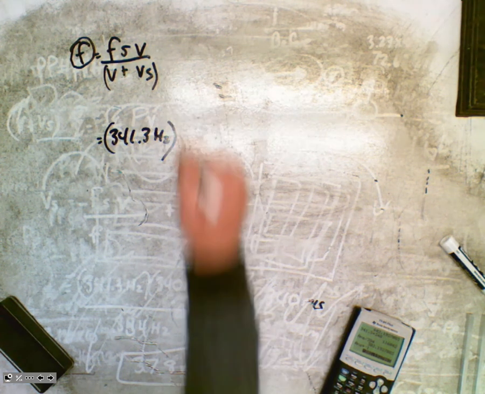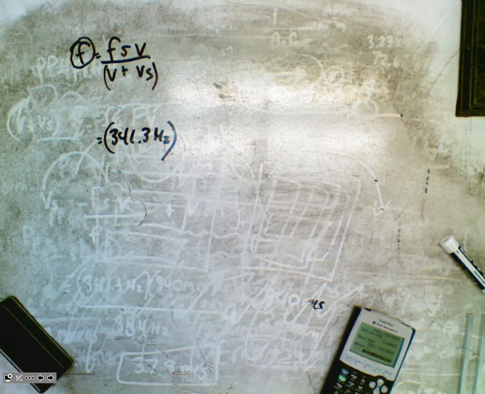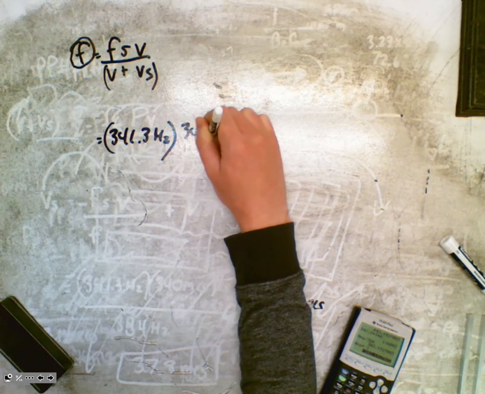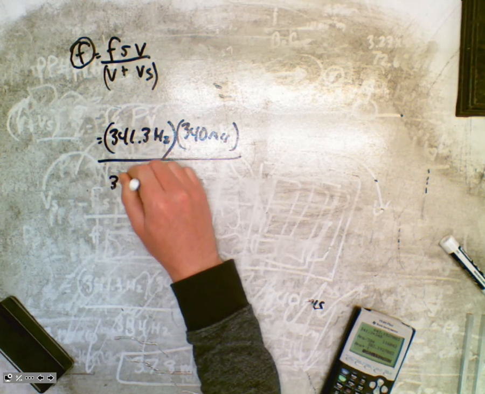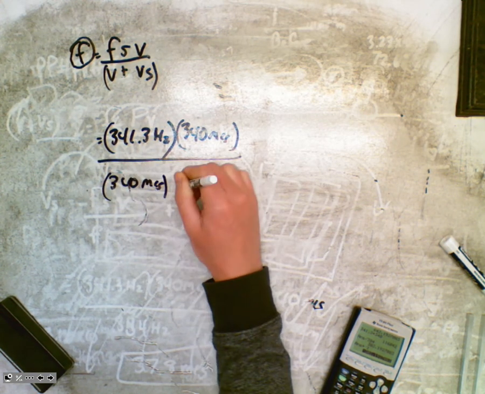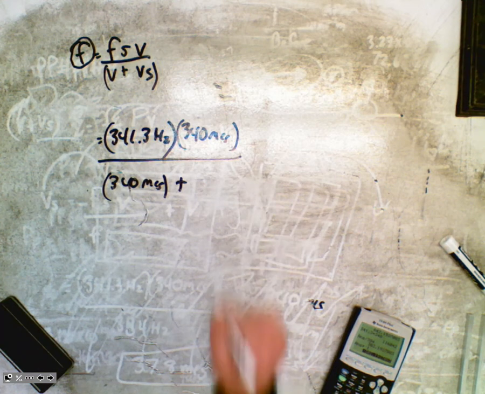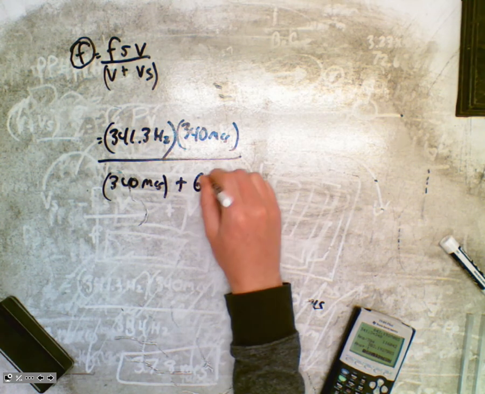This V is the speed of sound, which is still the same as the last question, which is 340 meters per second. And then we do the speed of sound again, 340 meters per second. And we want to add on the speed of the source, which is 68 meters per second.